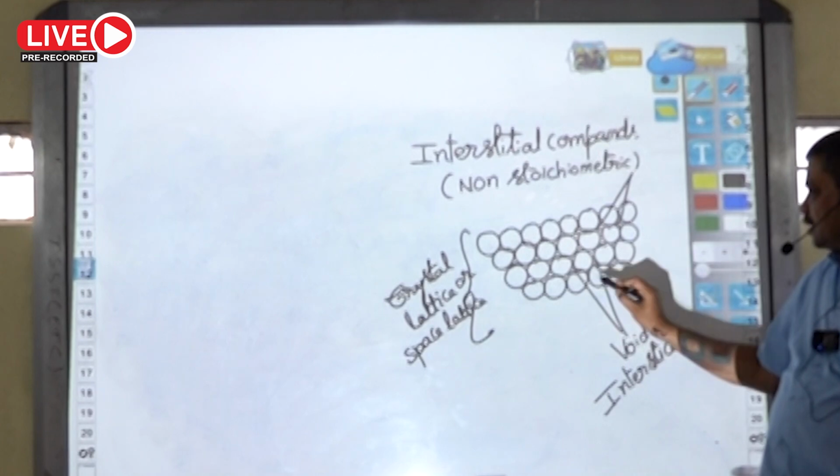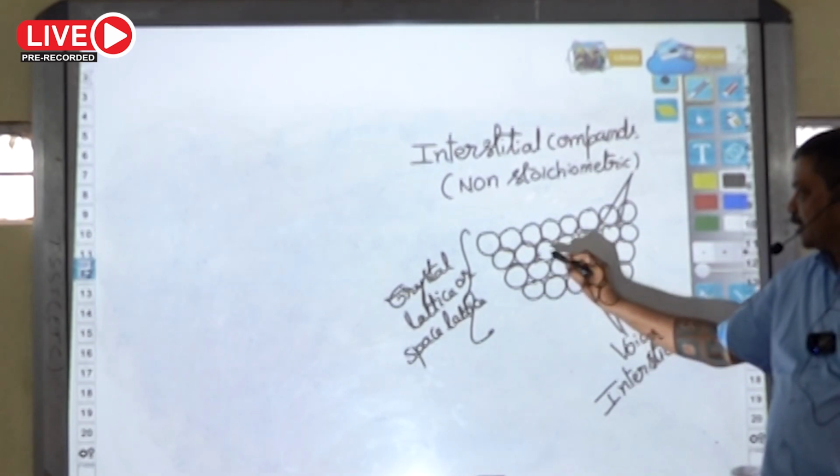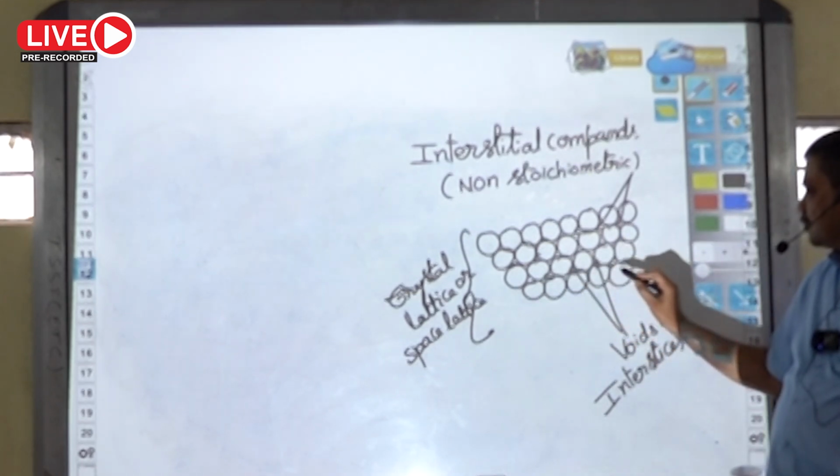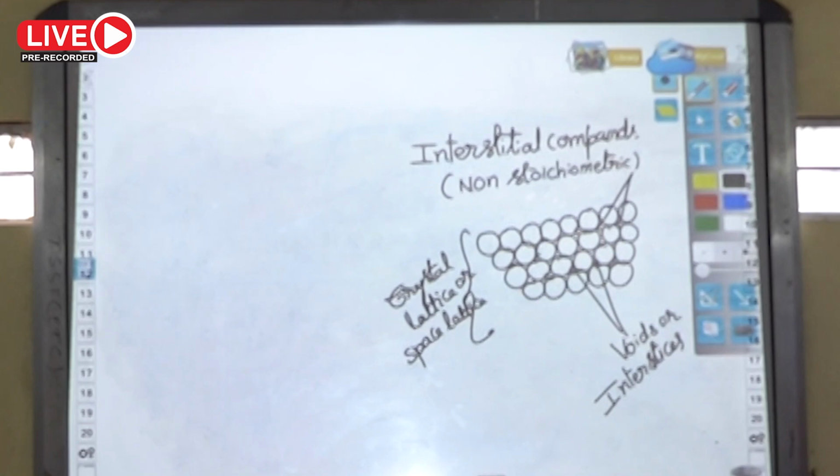Suppose it is carbon, carbon atoms will occupy here. If the interstices or voids are occupied by carbon atoms, you will get an interstitial carbide. If occupied by nitrogen, you will get interstitial nitrides, interstitial hydrides. So many interstitial compounds.